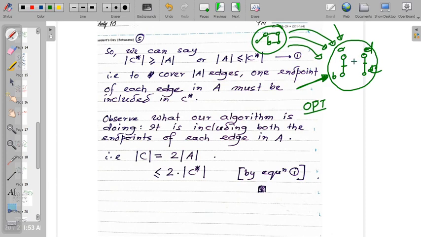To cover all these edges, at least one of the vertices, either A or B, C or D, we have to take into account. We must take into account because these are matching.